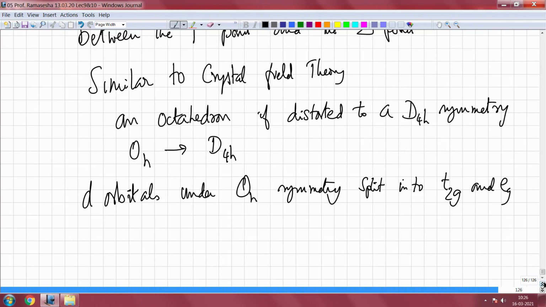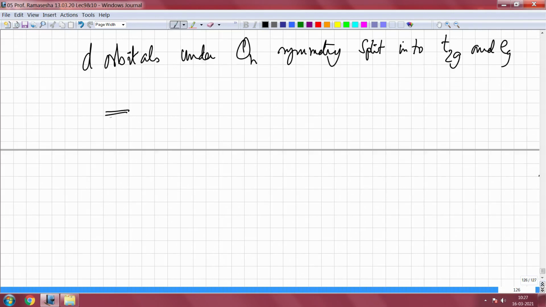That is the following. You have the 5 d orbitals. There is an atomic case where all the 5 d orbitals are degenerate. I go to the octahedral point group, then I have the splitting into the T2g and the Eg orbitals.